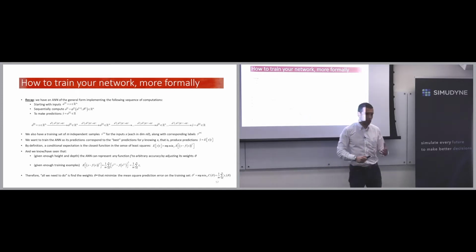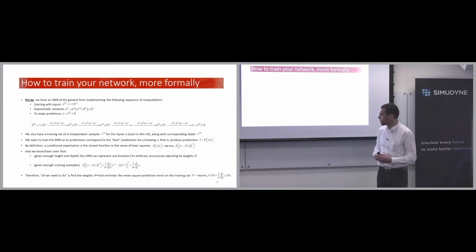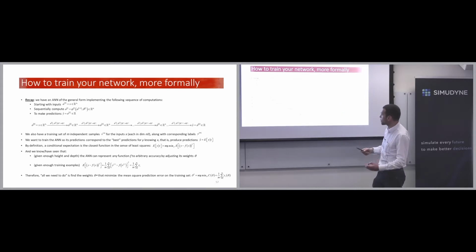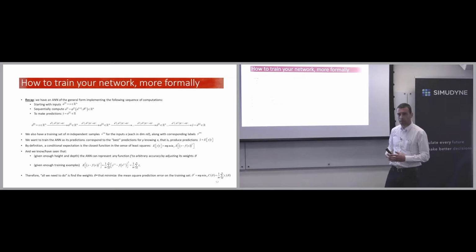And here we can see why we want to train the network in this way, why we always want to minimize the sum of squared error in the weights, because that means finding the function that minimizes the L2 distance of f of x to y, in other terms, finding the conditional expectation or a good approximation of it.